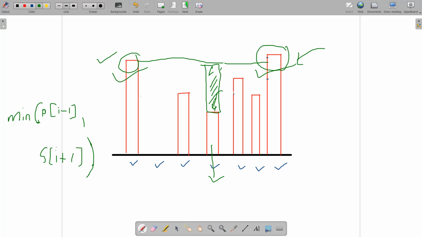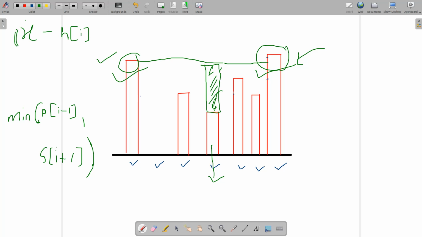If this has the value, let's say x, then the amount of water that is going to be filled for the ith position of the wall would be x minus the current height of the wall, that is x minus h of i, where h is an array of heights of the walls. So this is your answer.